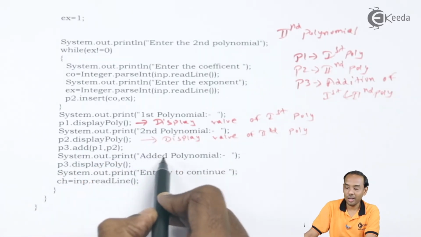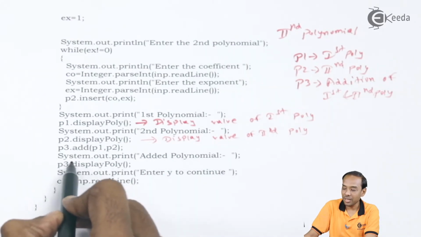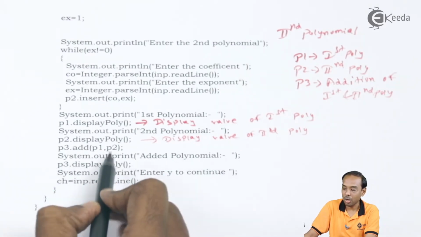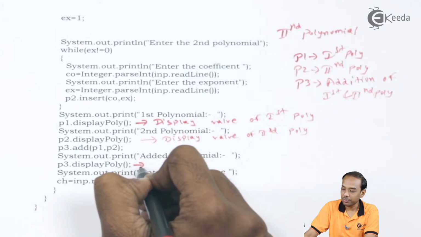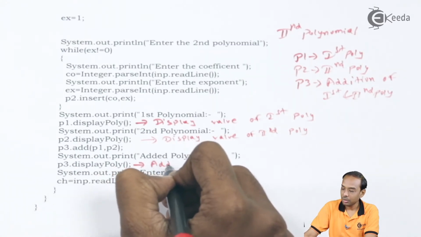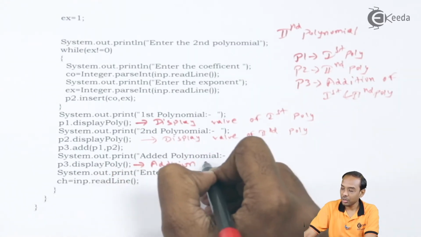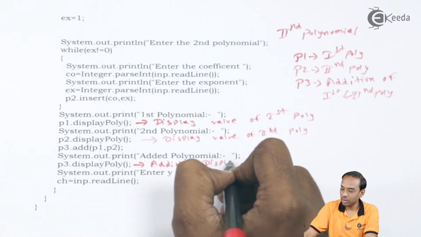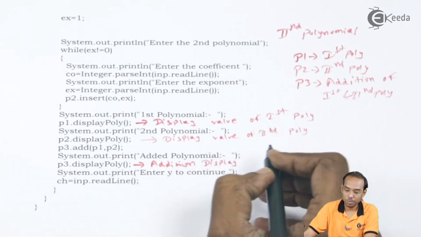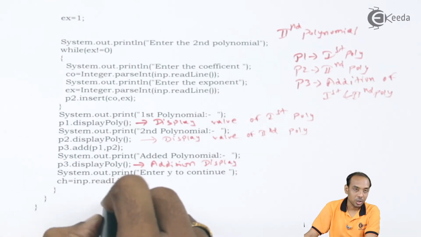Then I am going to display the added polynomial, p3 dot display poly. This will display the addition of the 1 and 2 polynomials.